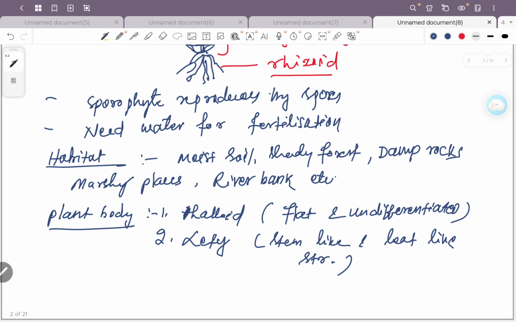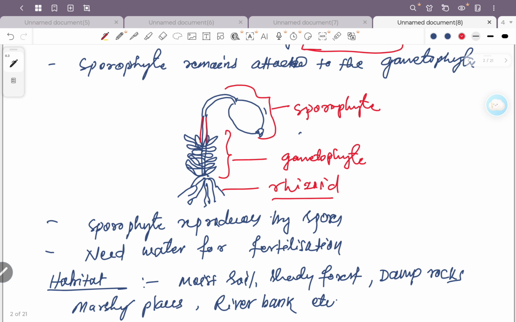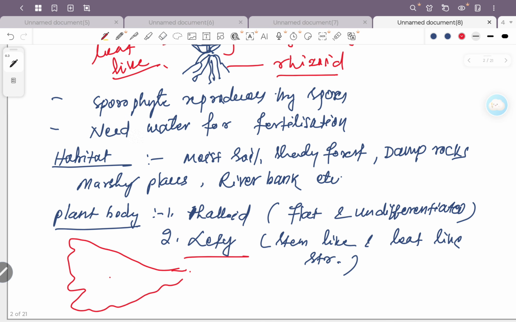Now let me tell you the thalloid structure. If you take the case of Marchantia, the structure is completely flat and not differentiated into leaf like, stem like and root like structures. But in the leafy structure that I have shown you here, these are the leaf like structures. So this is the leafy structure.